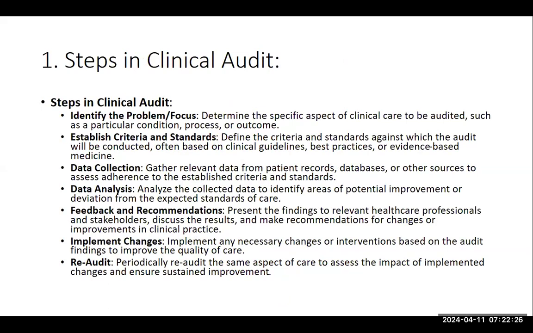The steps: we identify the problem, determine the specific aspect of clinical care to be audited, such as a particular condition or a process or the outcome. And then we establish a standard criteria. We define the criteria and the standard against which the audit will be conducted, often based on the clinical guidelines, best practice, or evidence-based medicine.